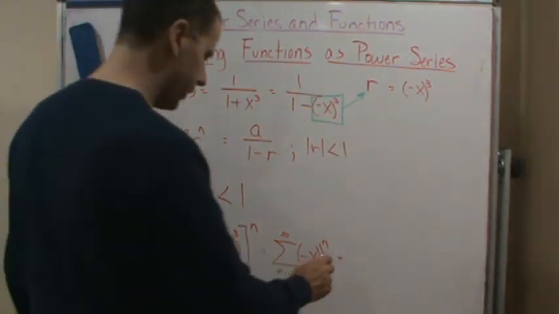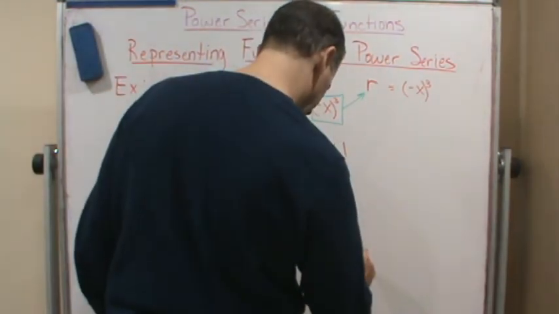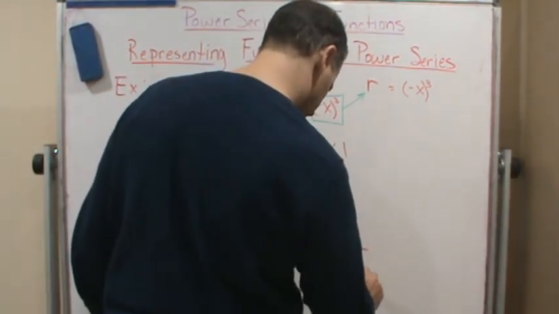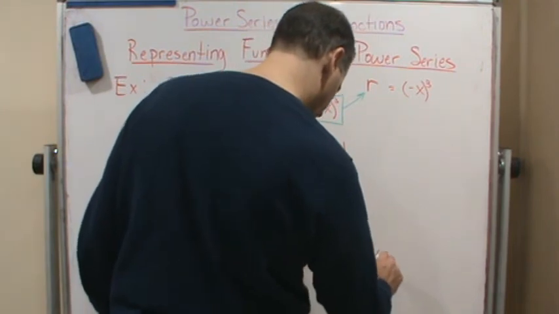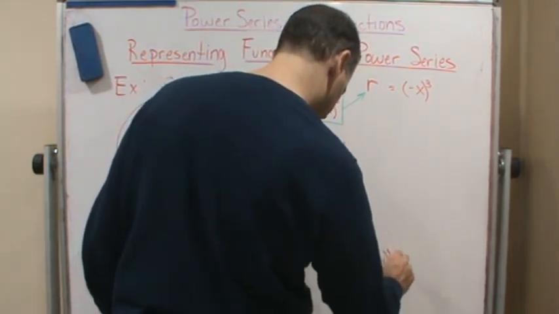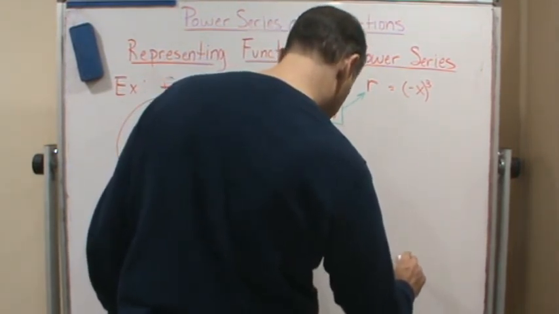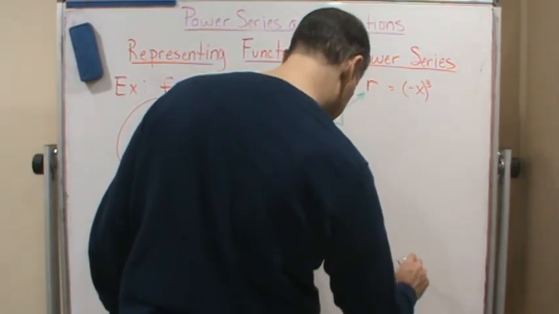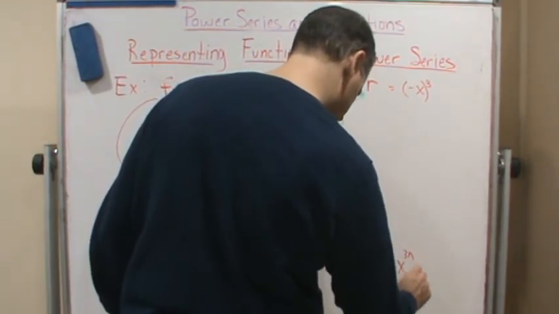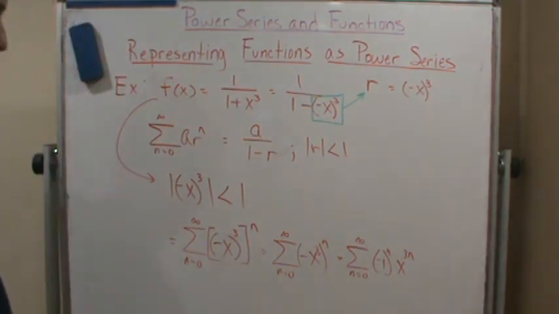Okay, so if you wanted to write it that way, what you would actually do would be the sum from n equals 0 to infinity of negative 1 to the nth power times x to the 3n. Okay.